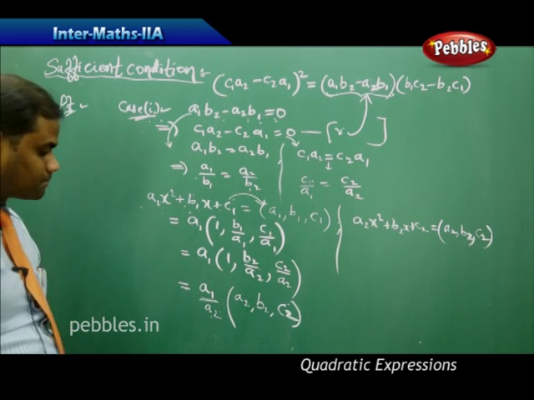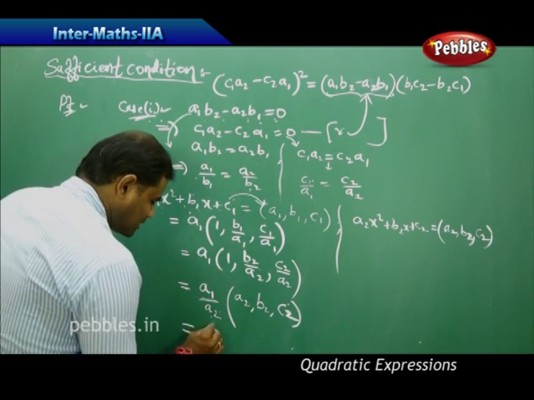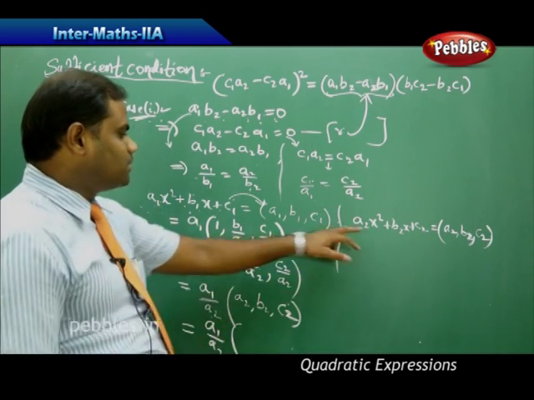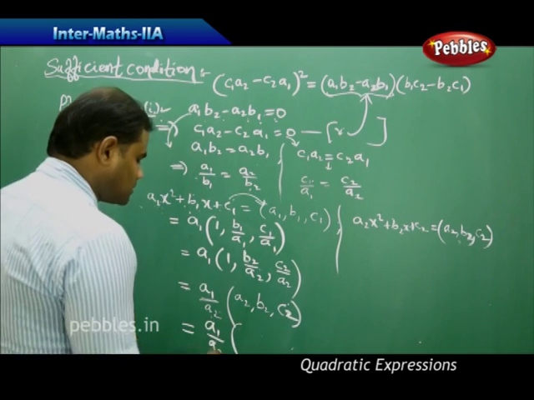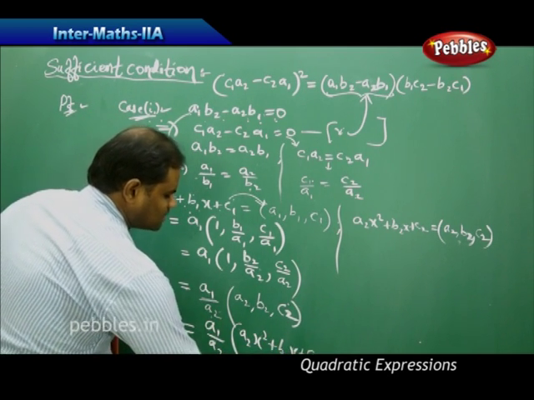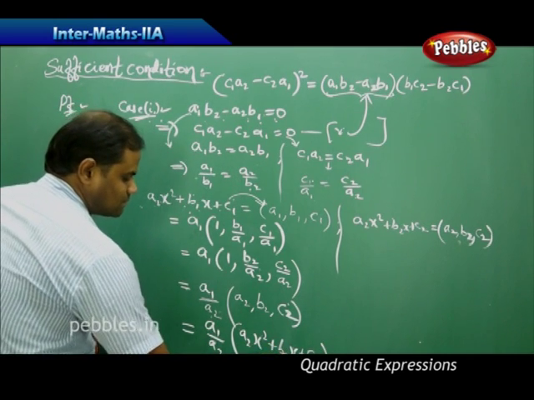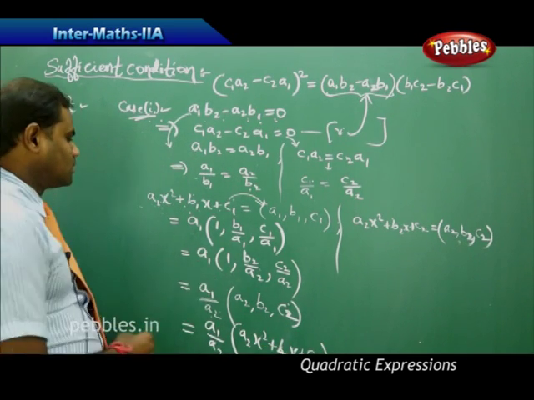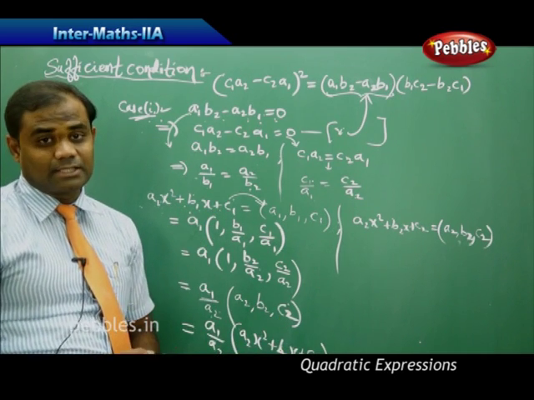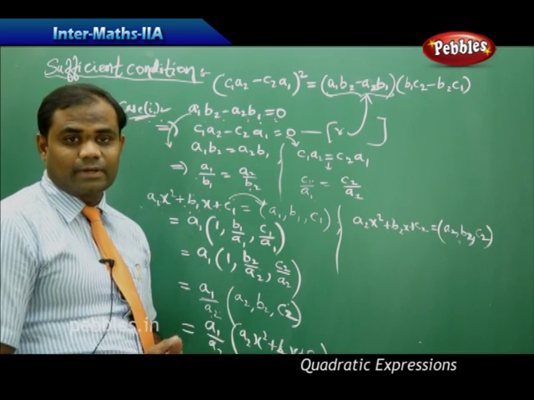Now as I see this, this is A1 by A2 of (A2, B2, C2), which is A2 x squared plus B2 x plus C2. Therefore, the first quadratic equation can be expressed as a multiple of the second quadratic equation.